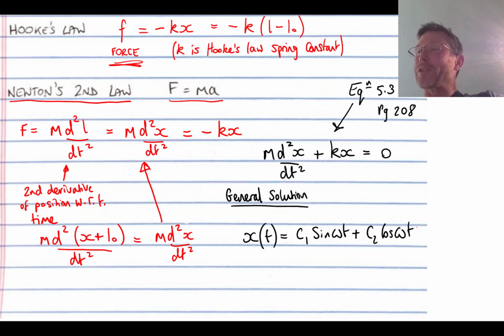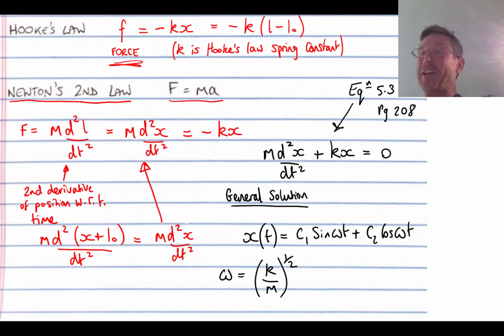We've seen that general solution before. I'm also going to introduce the omega term, and we're going to say that omega is equal to the square root of k over m.